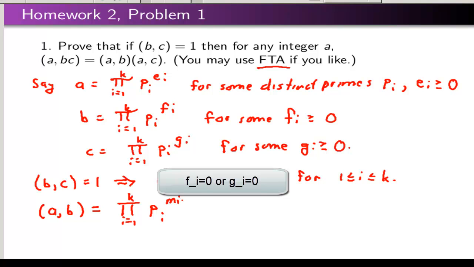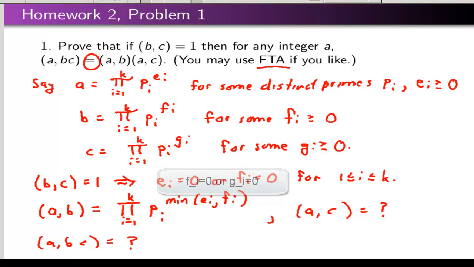So you take the minimum of these two, and do the same thing for a and c, and for a and bc, and then show that we have this equality. All right, so just play with it like that.